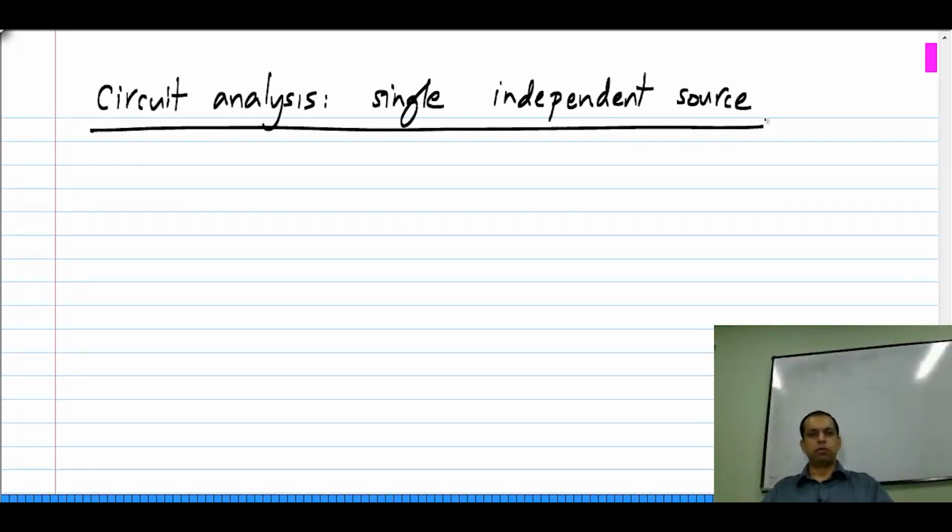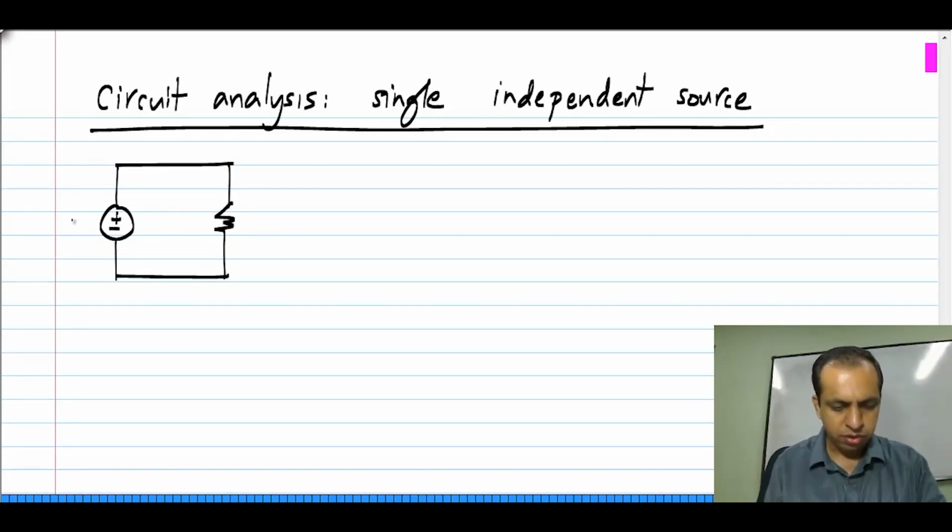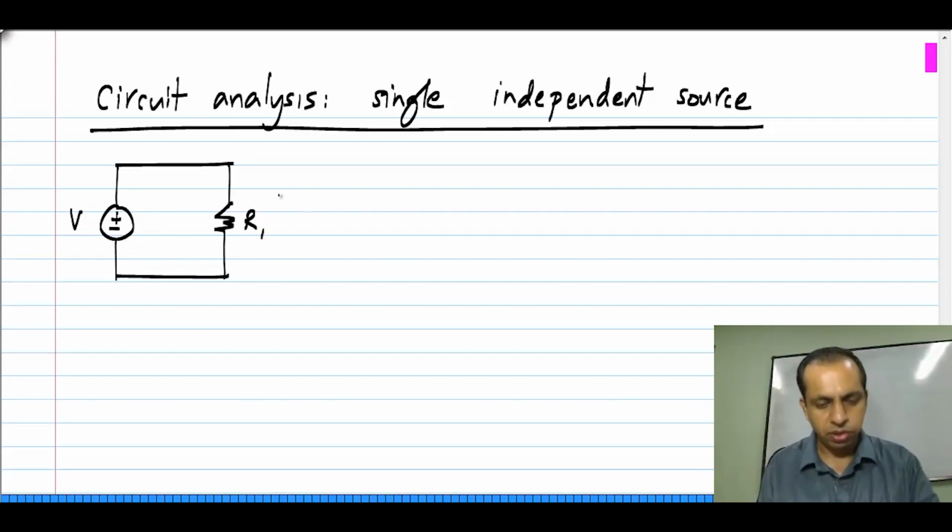Now, we will first start from a really simple example and then work our way towards more complicated examples. Let us say we have a circuit like this, an independent voltage source connected to a resistor. Even before I wrote down the circuit, you know the answer.